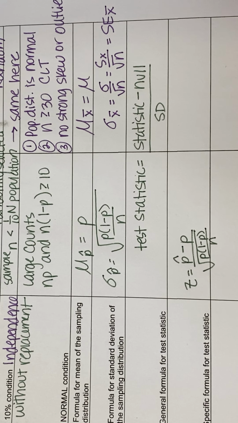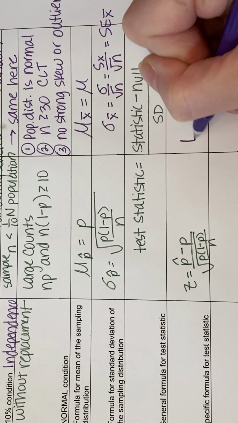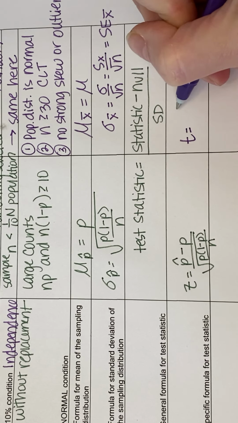Now the specific formula for the test statistic for a significance test for means. Your test statistic is T. Your statistic for means, x bar, minus your null value, mu, divided by the standard deviation. And there are your two specific formulas.